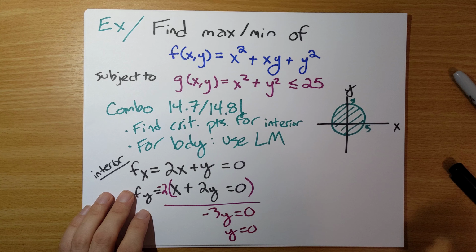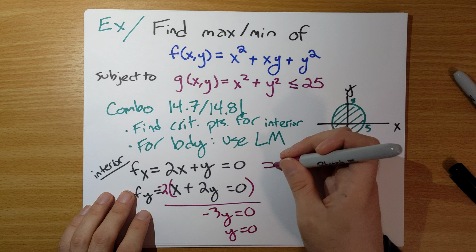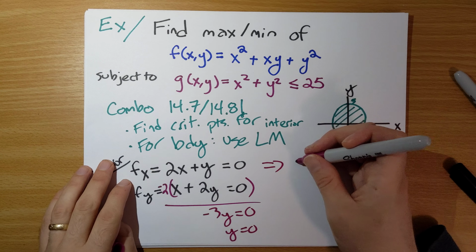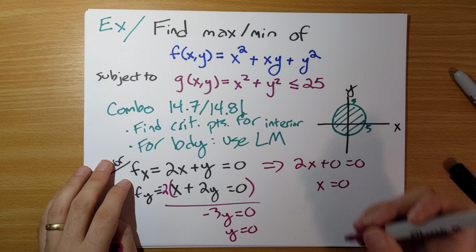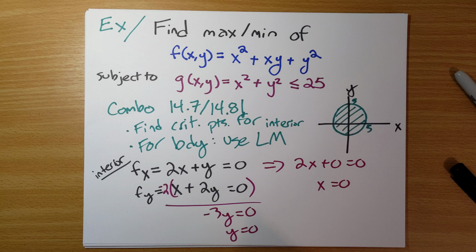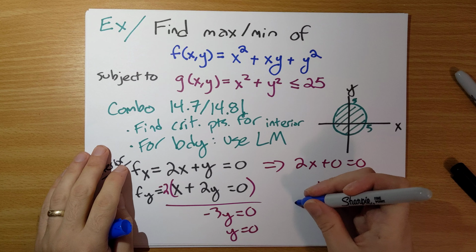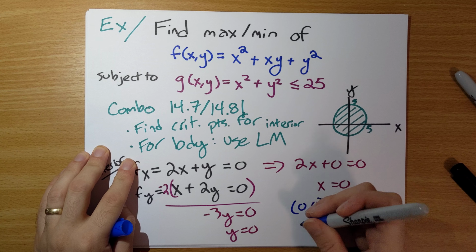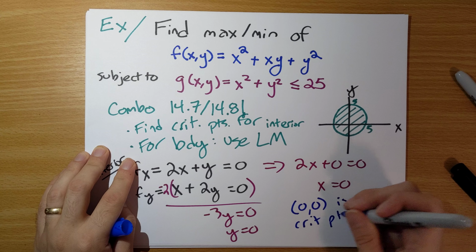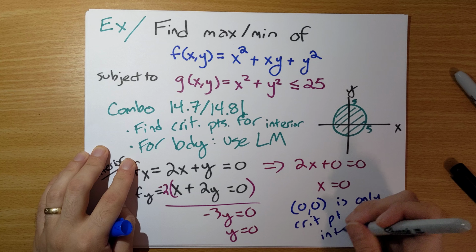And that gives us that y is equal to 0. Plugging y = 0 into either of these equations, 2x + 0 = 0 shows us very quickly that x must also be 0. So this gives us that the origin is the only critical point on the interior.